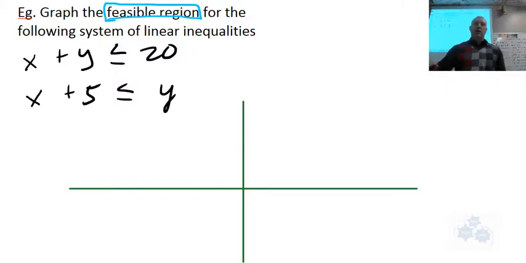All right, so everything is the same as we've already done, we just have to do it twice on the same graph. That's really it. And we'll say that this is x is an element of the real numbers and y is an element of the real numbers, so we'll just shade everything, we won't have to worry about dots or anything like that. All right, so x plus y is less than or equal to 20. Well, what we need to do is make that an equation. So let's do that, x plus y equals 20.